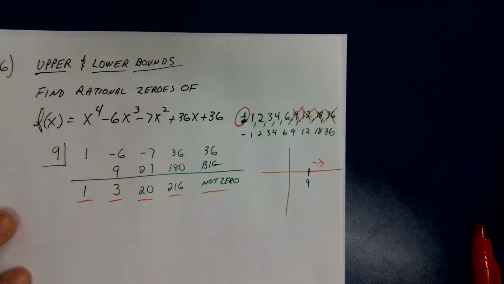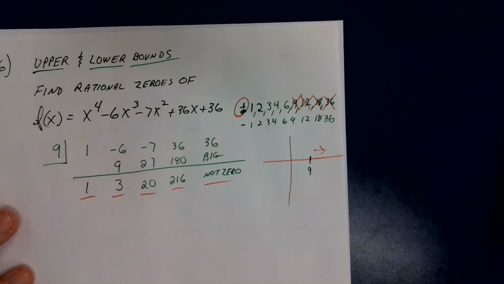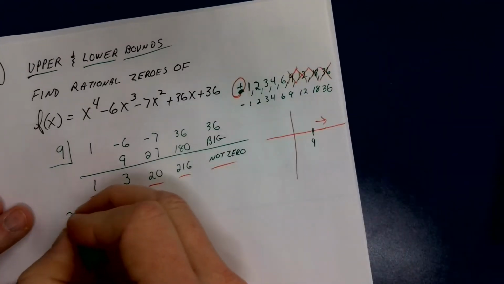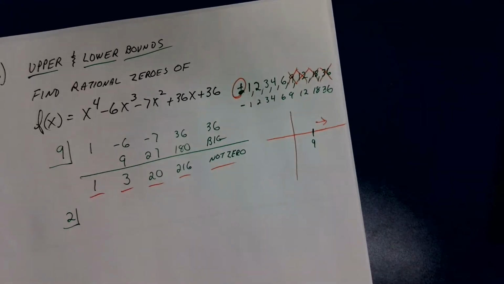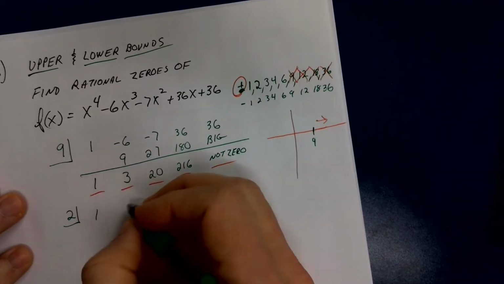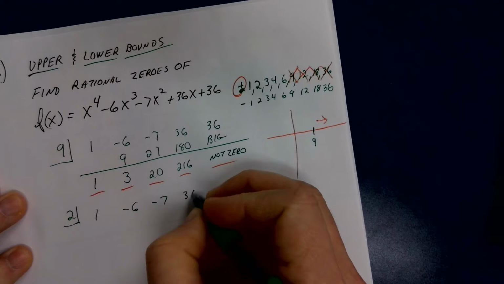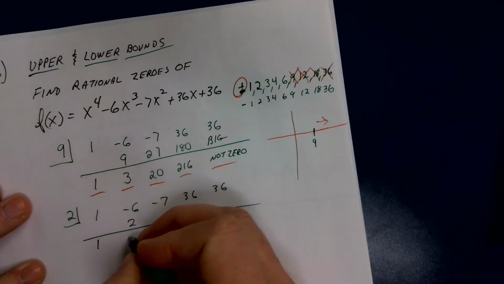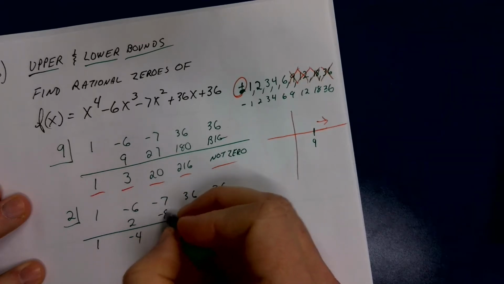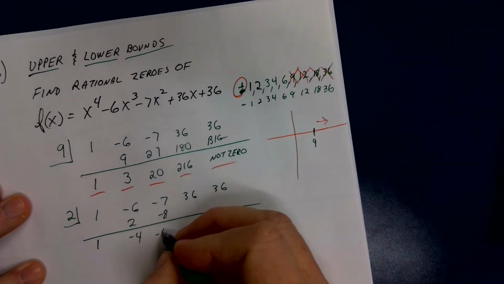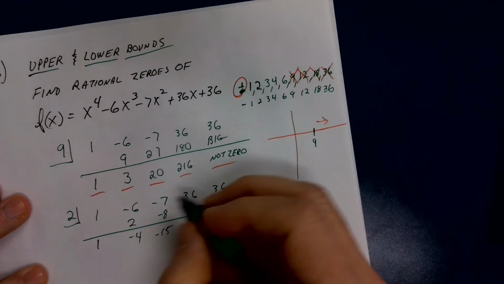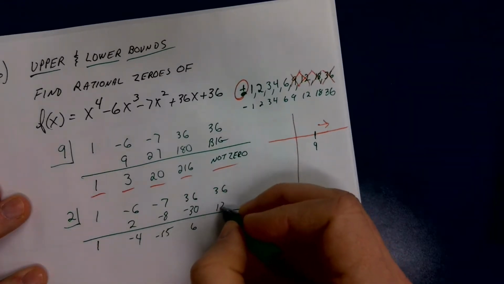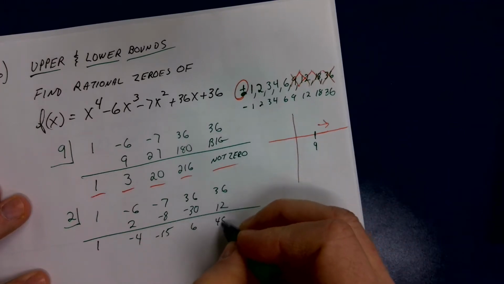Well, I just don't know. So now I'm going to randomly pick another one. Let's go ahead and pick positive 2. So I do 1, negative 6, negative 7, 36, and 36. Bring it down: 1, 2, negative 4, negative 8, negative 15, and then negative 30, and then 6, and then 12, and then 48.